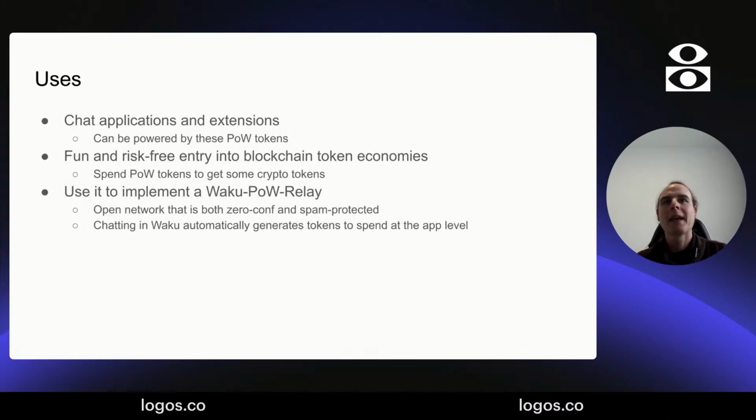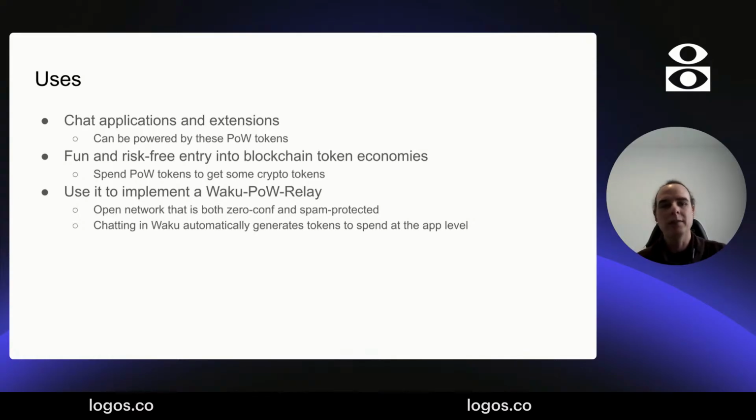This would not be as good as something like RLN for several reasons, but it would be a zero-conf network nevertheless. It would be an open, public network, always available and spam protected in a way that requires no configuration whatsoever from the client.